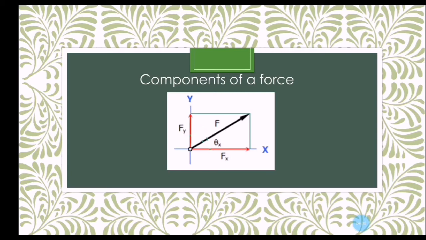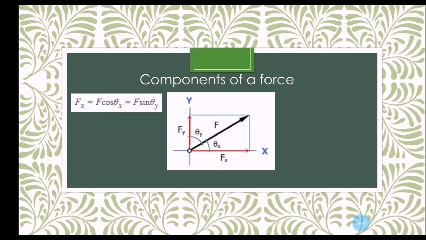I also have theta x, which is the angle formed between F and Fx, and theta y, which is the angle between F and Fy. So Fx is equal to F times cosine theta x, and is also equal to F times sine theta y.